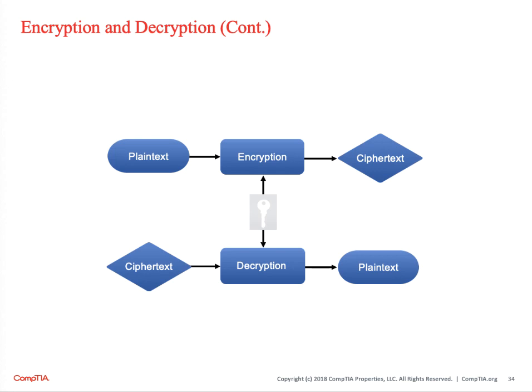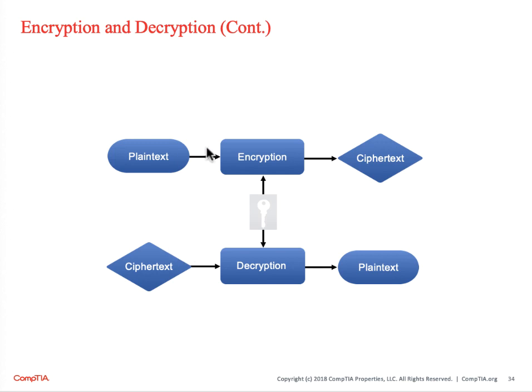All right, so we have plain text, which goes through this encryption right here, which uses the key, and then we have ciphertext, which comes out, right? So plain text is something that we want to encrypt.